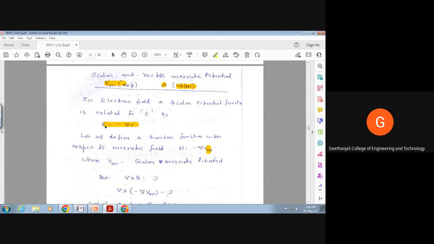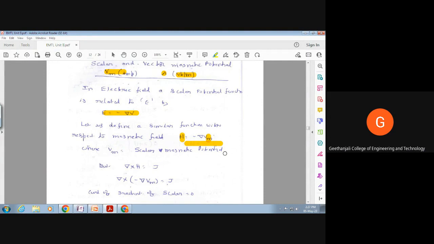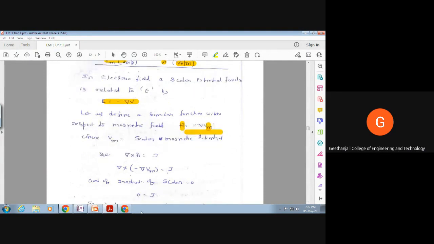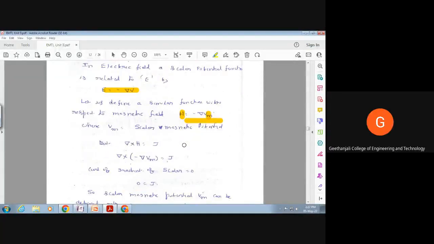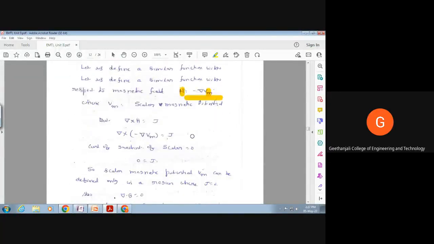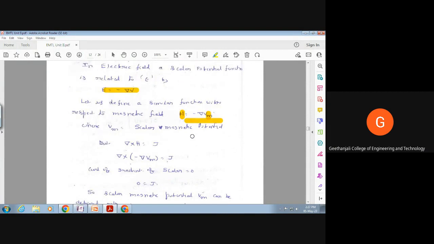The counterpart of E in the case of magnetic field is H. So let me define H is equal to minus grad Vm. But remember that H is equal to minus grad Vm is not a derived expression.